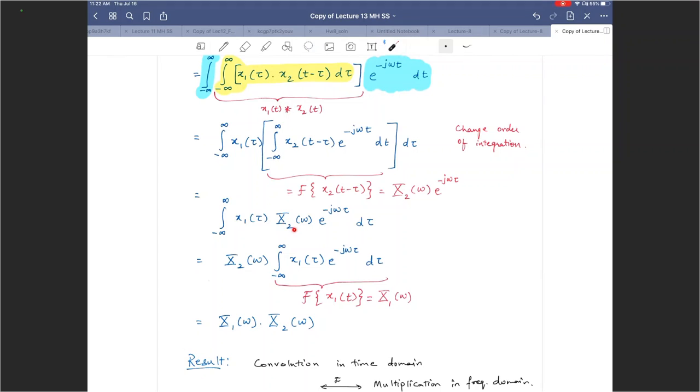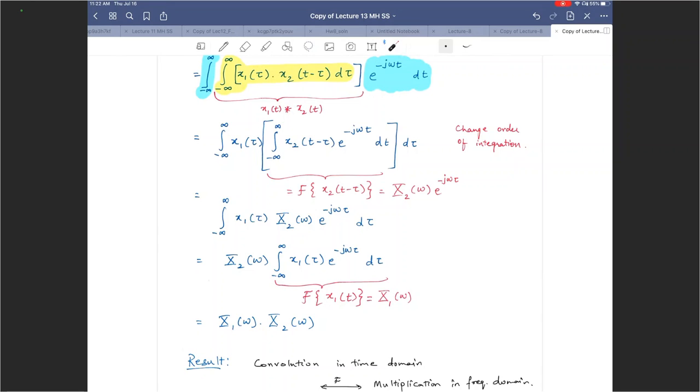X2 of omega is independent of tau, so that can come out of the integral. You will be left with the integral from negative infinity to infinity of x1 of tau e to the minus j omega tau d tau, which by definition is the Fourier transform of x1 of t. So you are left with just the product of those two Fourier transforms, X1 of omega and X2 of omega.